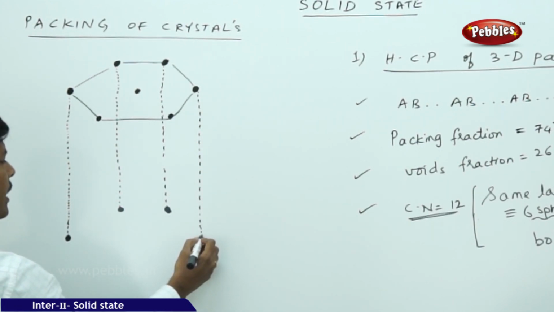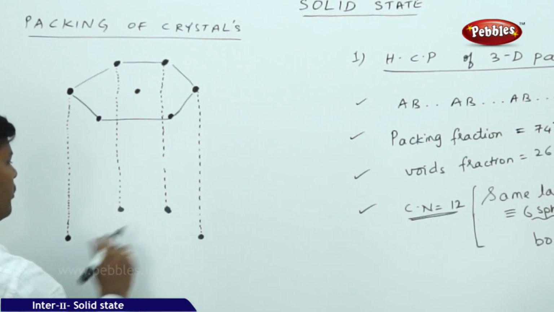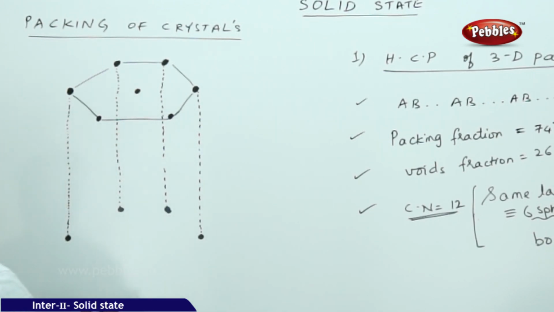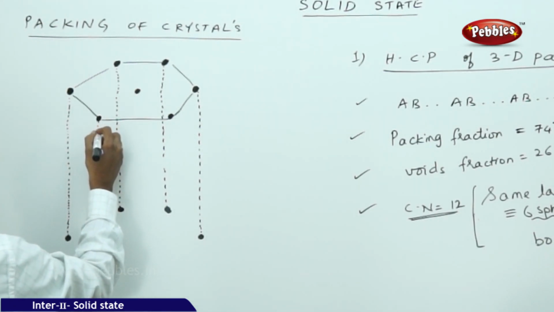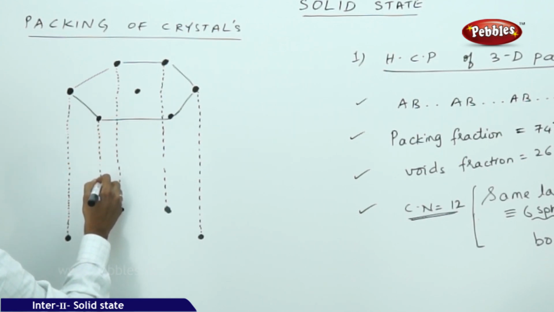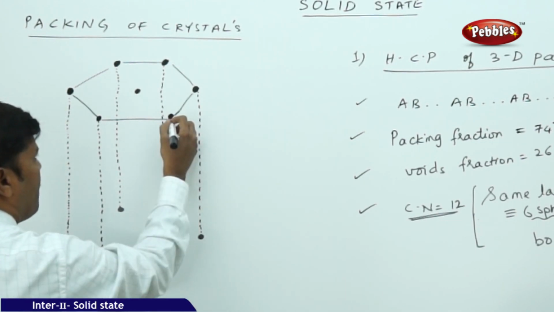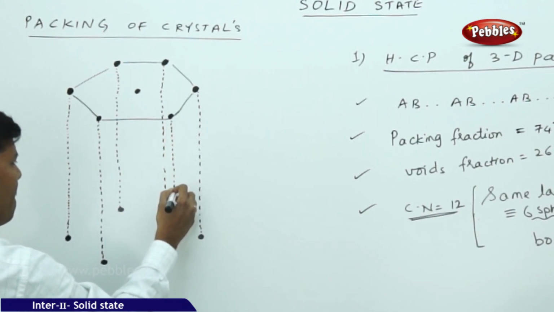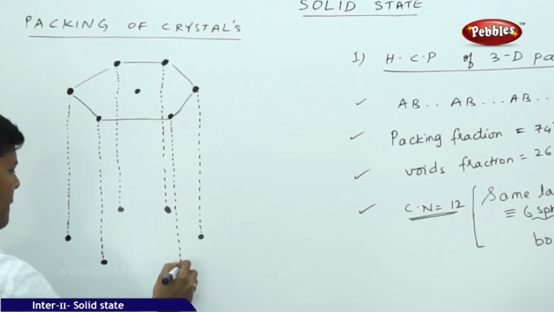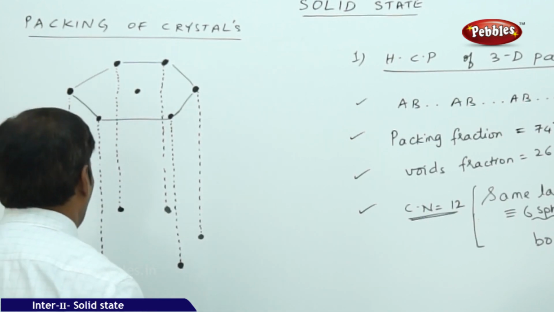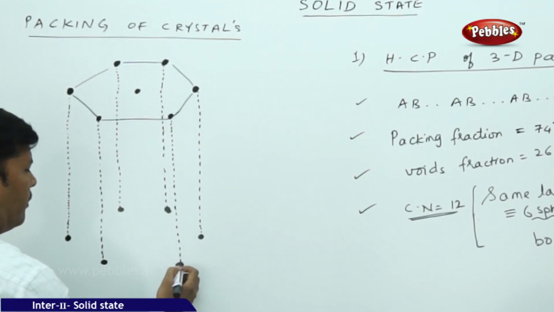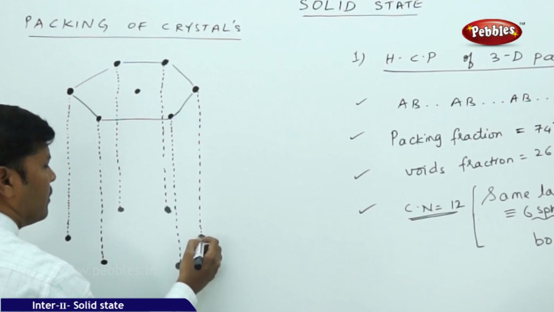Both of them should be in the same plane. Now you can take one sphere and put it over here like this, and here I am going to stop it. Now make these spheres a little bit bigger.